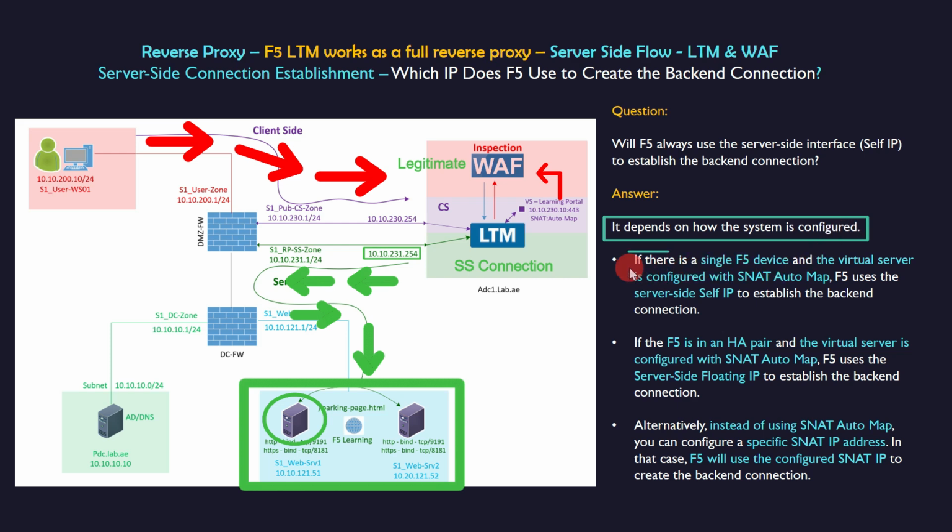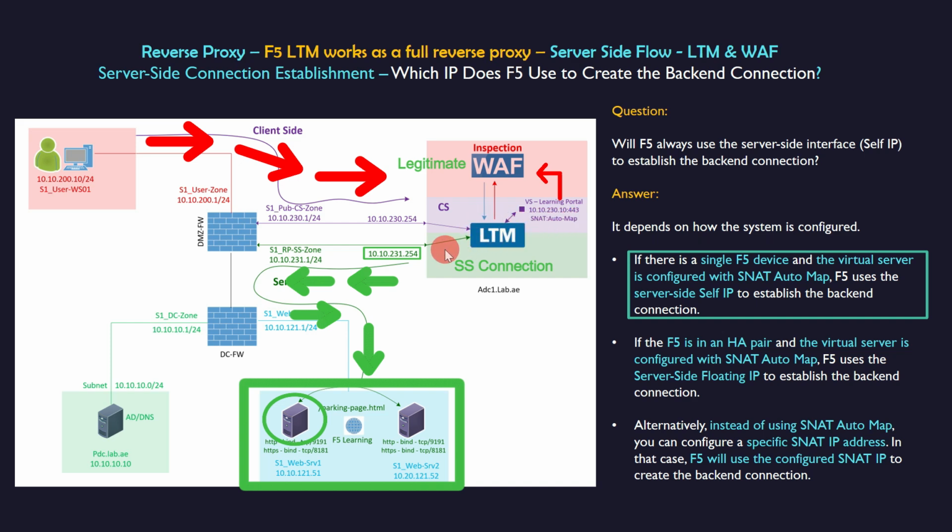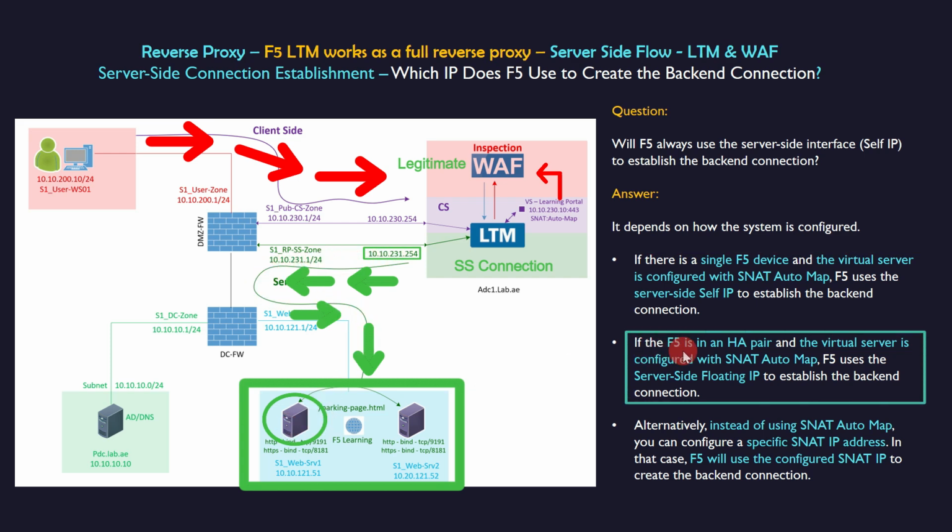If there is a single F5 device and the virtual server is configured with SNAT auto map, then F5 uses the server-side VLAN self IP to establish the backend connection. If the F5 is in an HA pair and the virtual server is configured with SNAT auto map, then F5 uses the server-side floating IP to establish the backend connection.